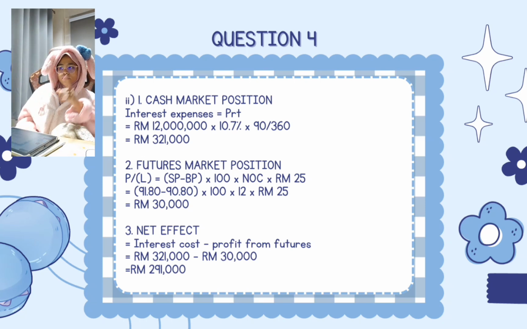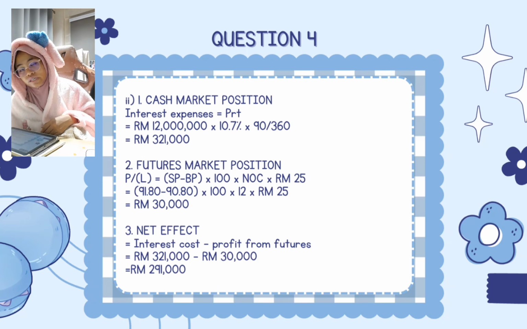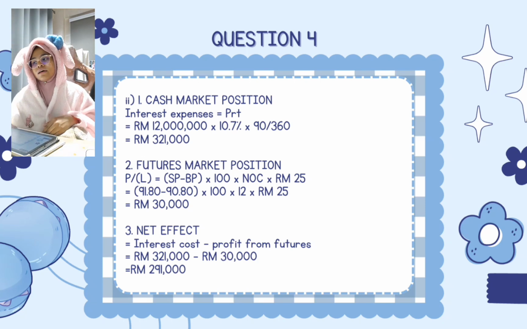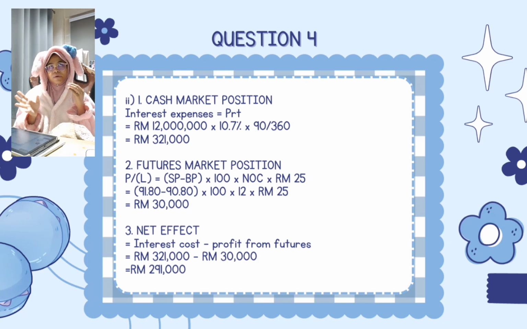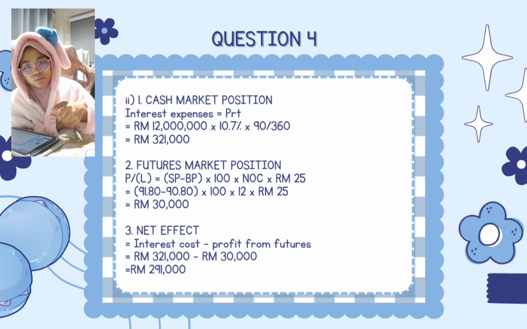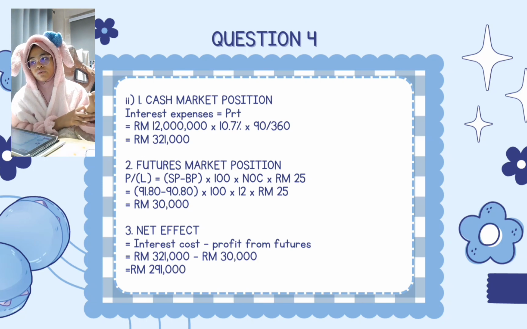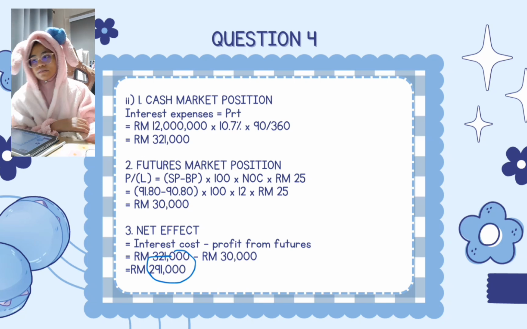This means that effectively the company is paying 291,000 ringgit as opposed to 321,000 ringgit in interest expense. So now the company only needs to pay this instead of this.